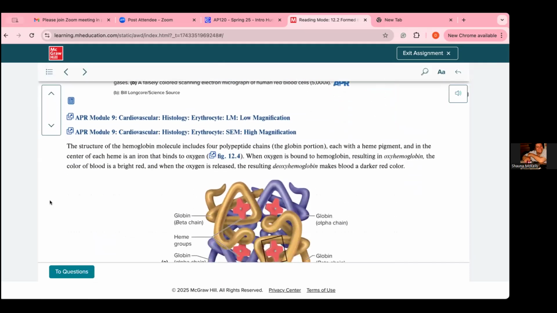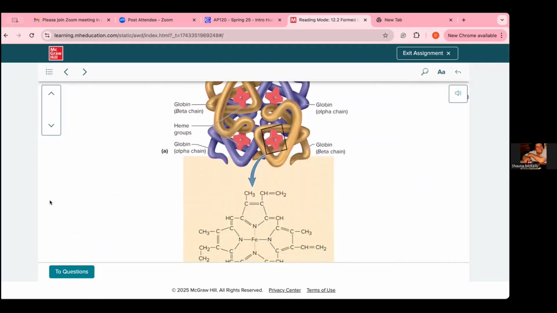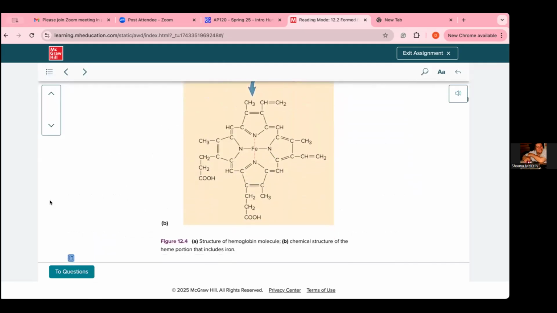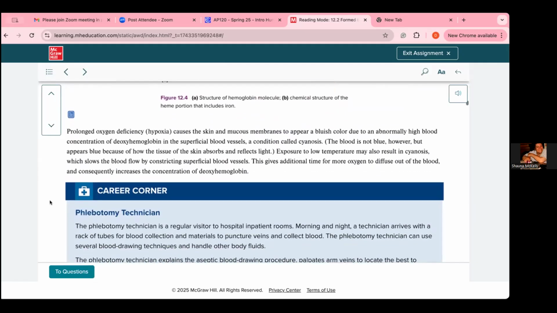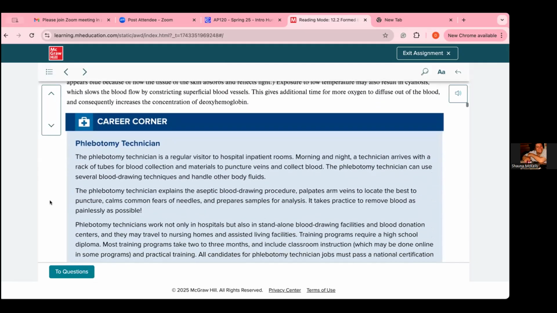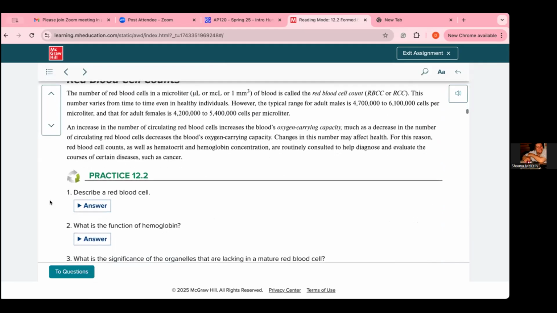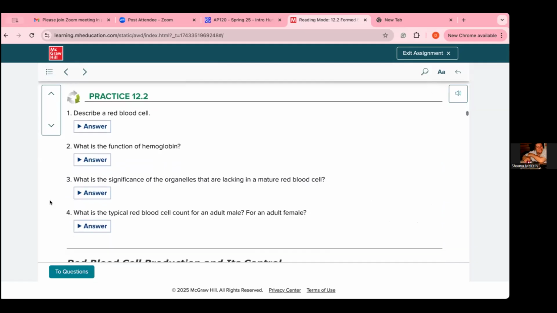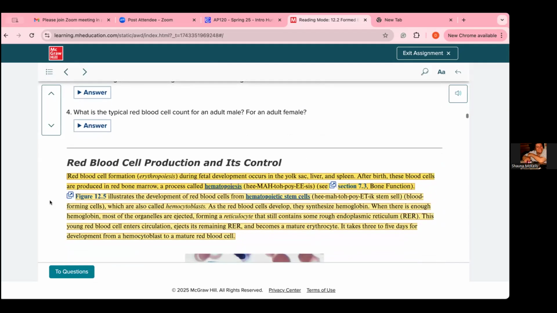There's our oxygen. Keep going. And then we have the phlebotomy career.